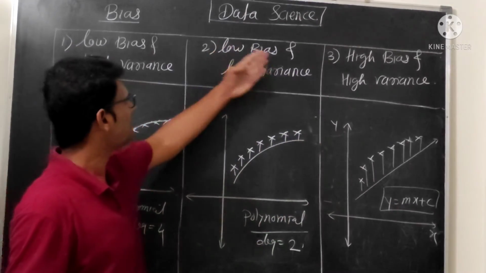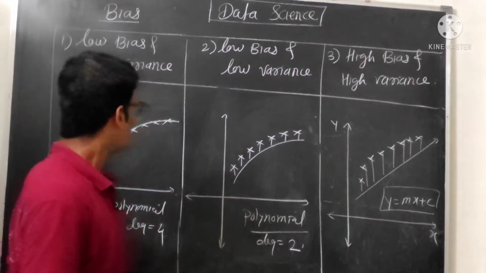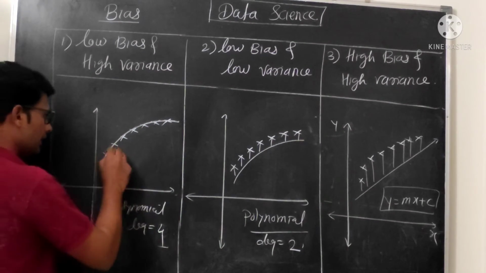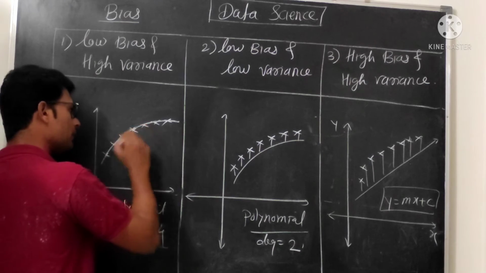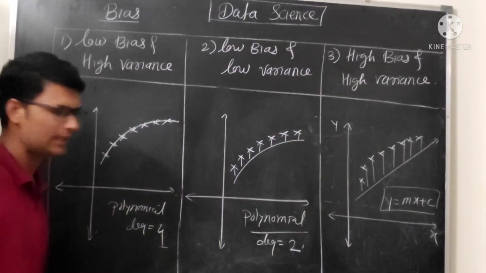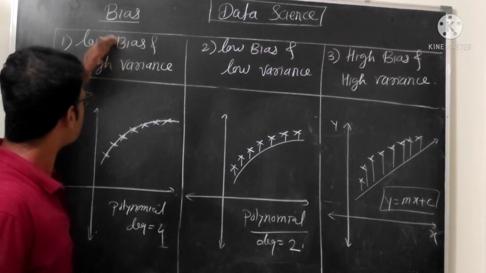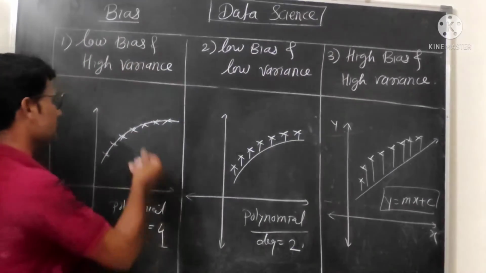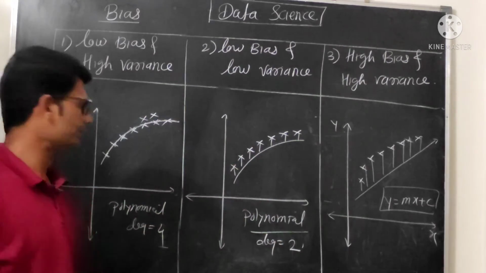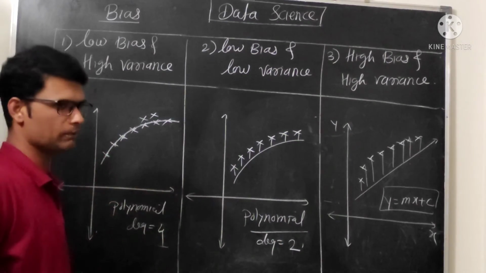So we can say that this is a low bias case. But now what if I consider a degree 4 polynomial? A degree 4 polynomial may pass through all these points, right? So we can say that this is again a low bias case.